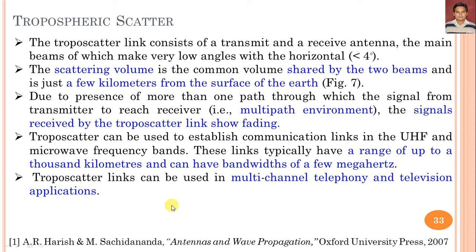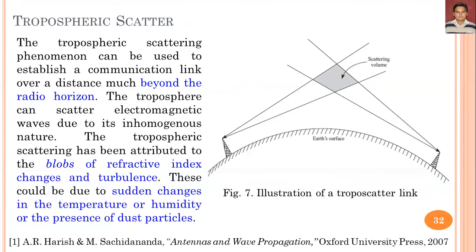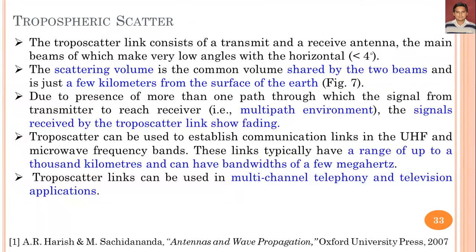Then line of sight communication, where we calculated, in the presence of the curvature of the earth or in the presence of a flat earth, the distance between the transmitter and receiver. And finally, tropospheric scatter was discussed in this lecture.